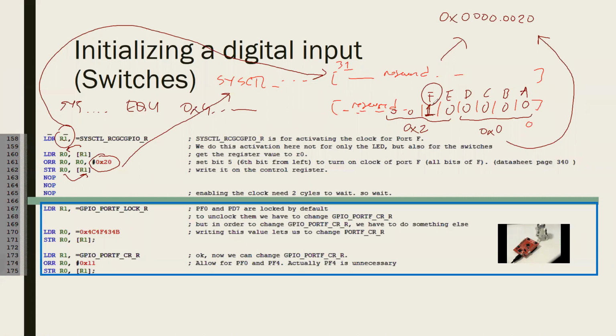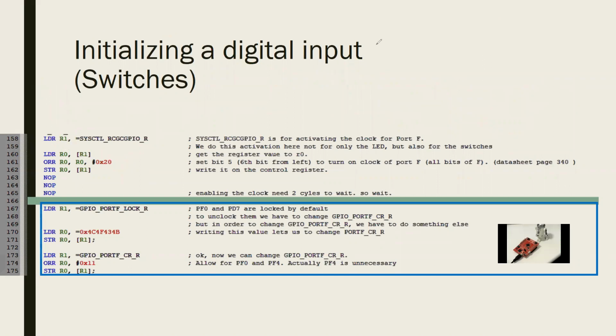There was nothing defined bitwise in this step, so we don't have anything about a certain bit of port F. We just feed clock to port F in total or not. Since we are going to use only port F again, because in the previous example we used 3 pins of port F and now we are using 5 pins of port F, this step does not change. I guess there are no questions about this step, right? Questions?